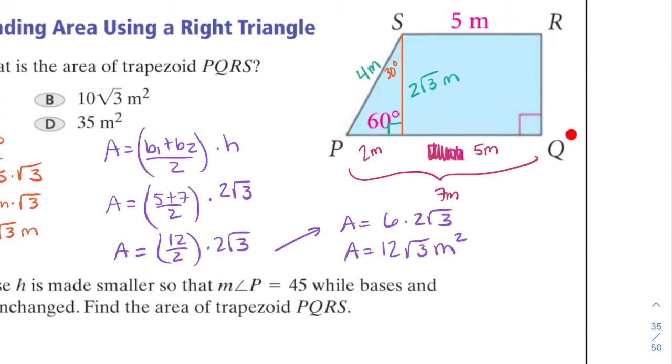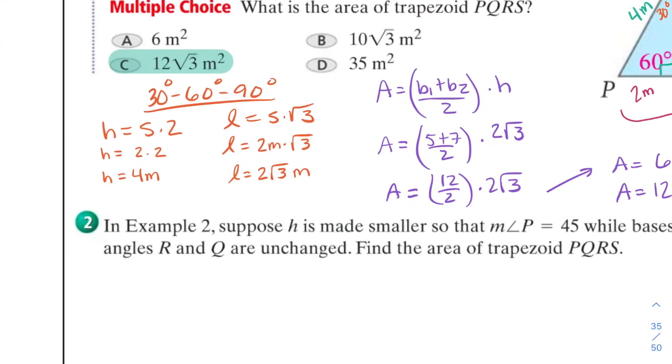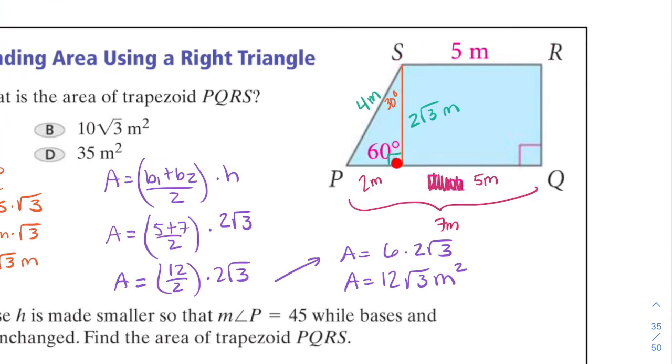So there's R, there's Q, both are right angles. If we suppose h is made smaller, this part right here, the height is going to shrink. It's going to stop maybe right around there because it's going to make it a 45-degree angle right there.